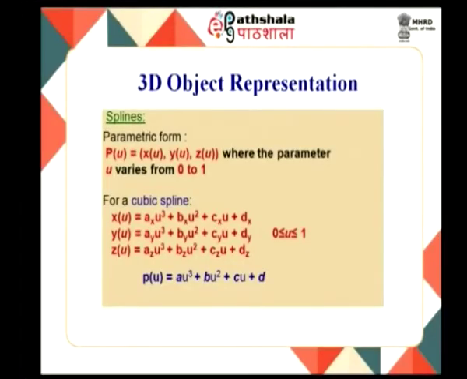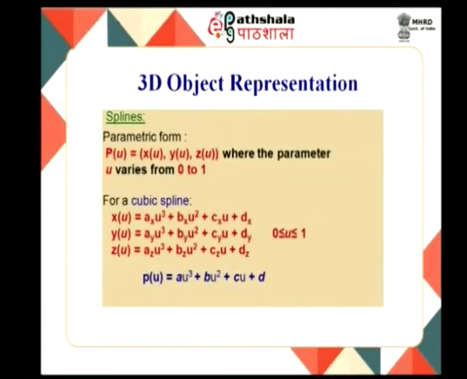As we know, the parameter u ranges in the interval 0 to 1, as we discussed for the parametric form of a line in the previous lecture session. So, how to represent a spline?